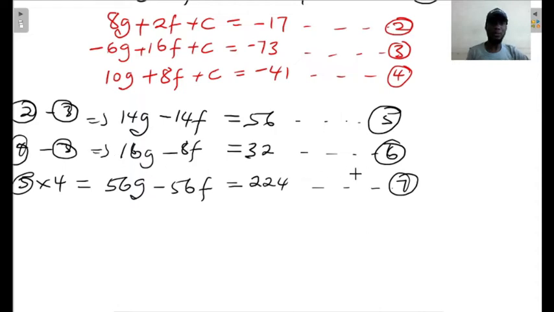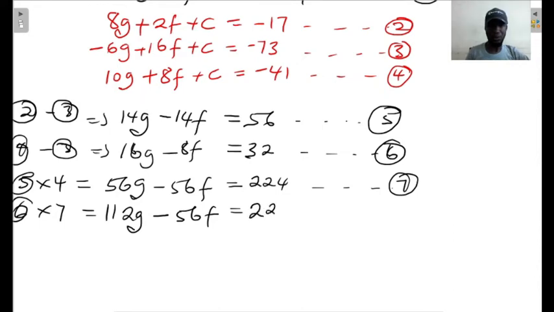Then equation 6 by 7. That will give me 112G minus 56F equals 224, and this is equation 8.